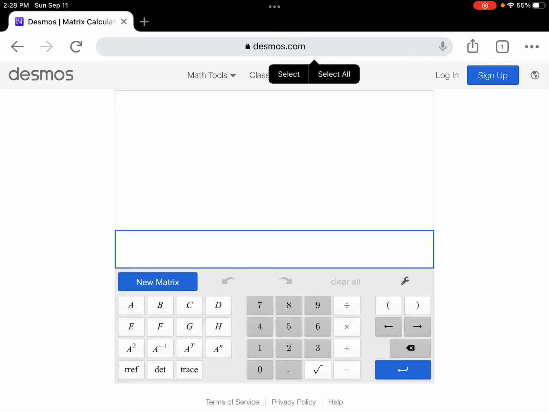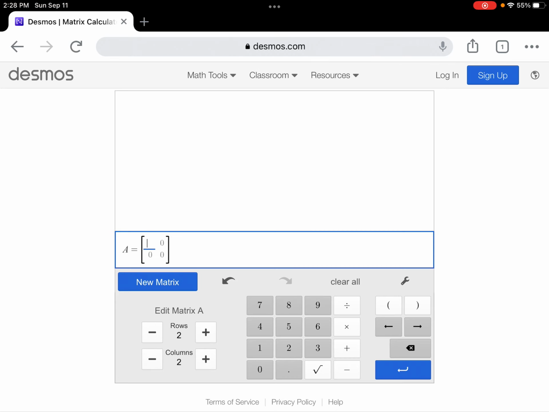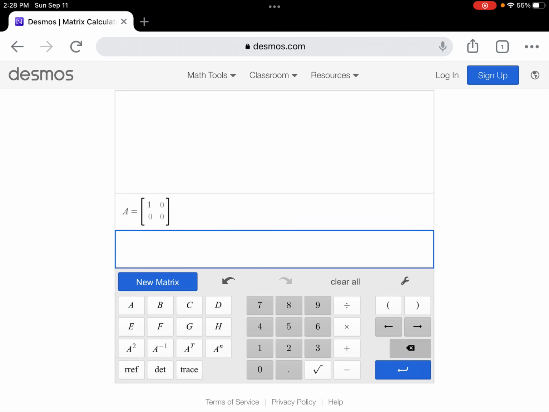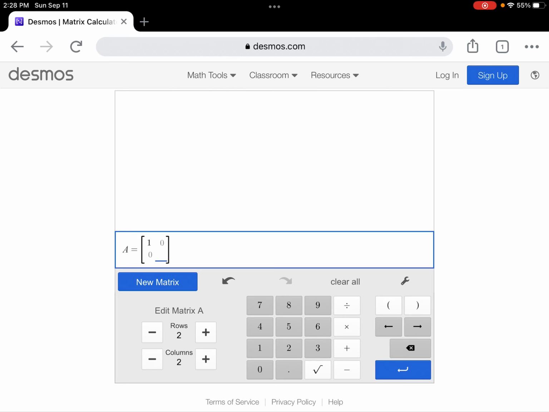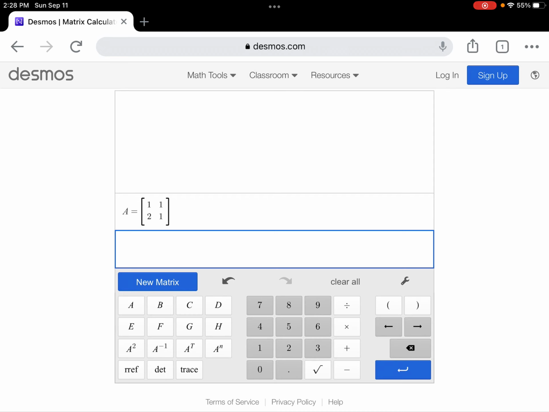We're going to have to make a new matrix. That will automatically be called matrix A, so I don't need to actually type the letter A. But it's going to contain 1, 1, 2, and 1. So we got matrix A typed in.